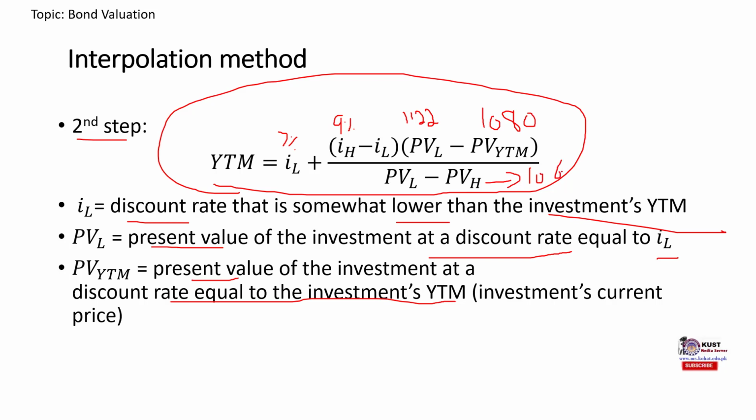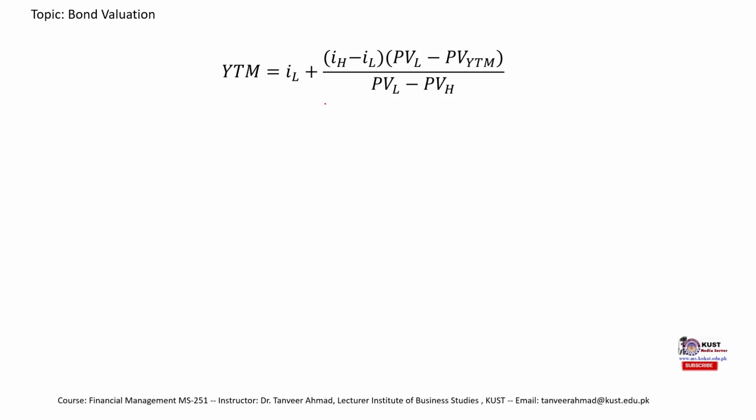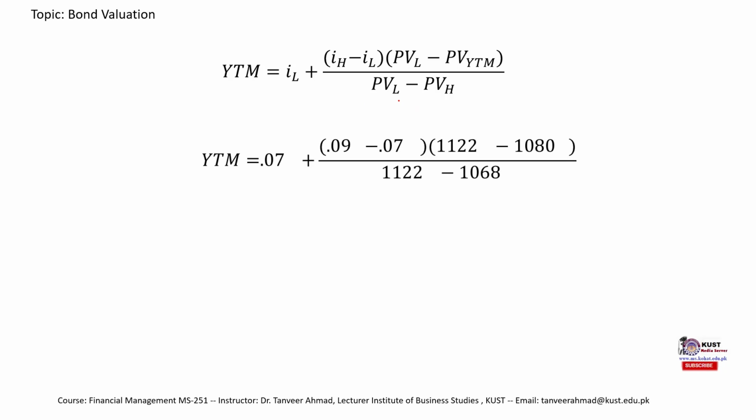So let me bring the solution. Okay, this is the formula that I have exactly copied from there. So the lower interest rate was 7%, the higher interest rate was 9%, so 7% plus IH minus IL, 9% minus 7%.